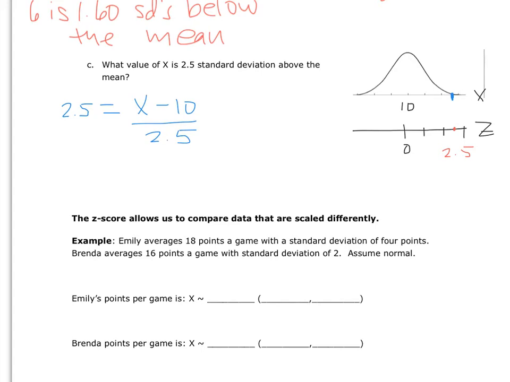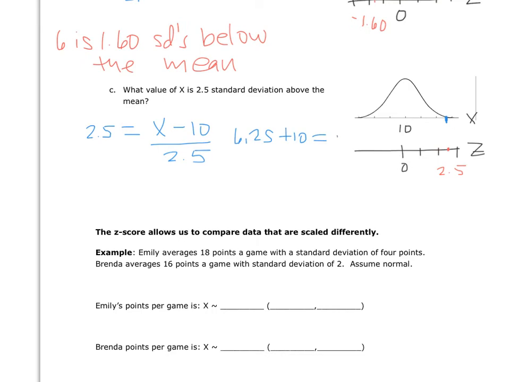So 2.5 times 2.5 is 6.25, and then we add 10. That's going to give us x. So x is equal to 16.25. So 16.25 is 2.5 standard deviations above the mean.